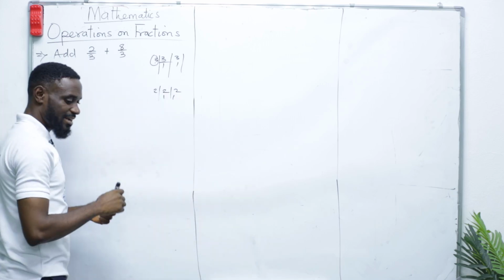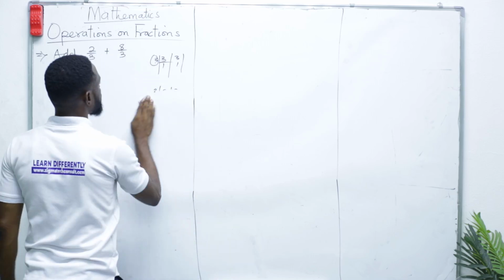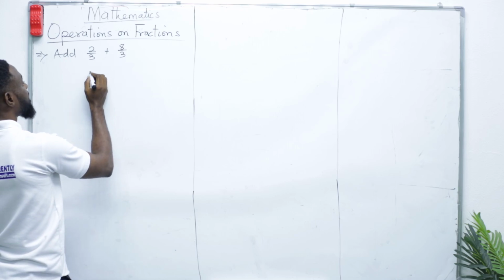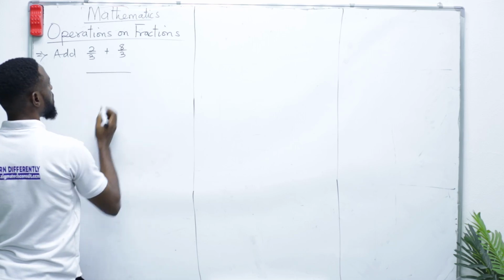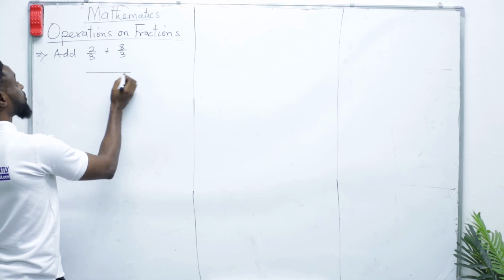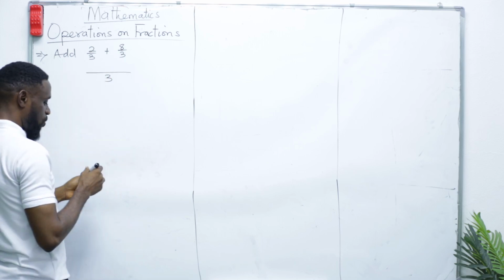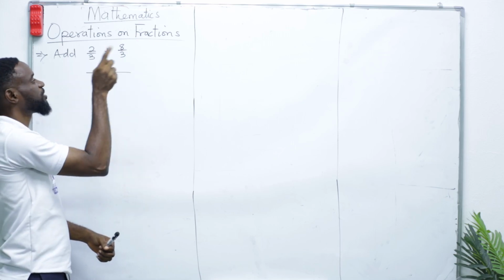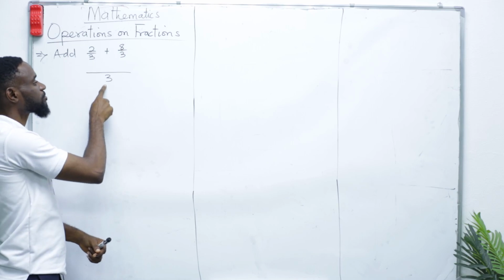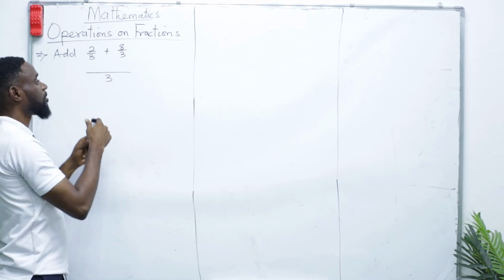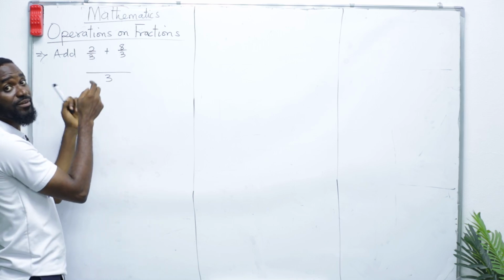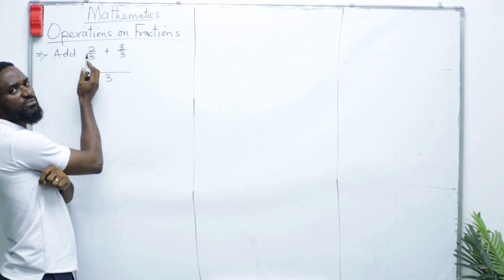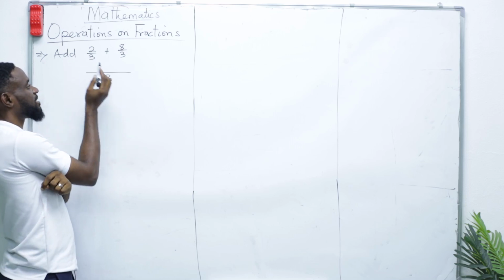So we bring out the LCM, draw a long division sign, and bring out 3. Now for each of the fractions, you divide the LCM by the denominator of that fraction.